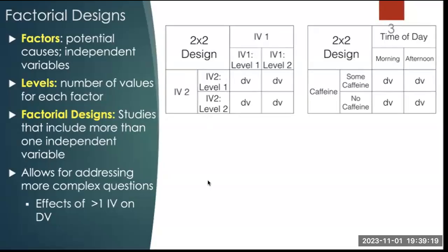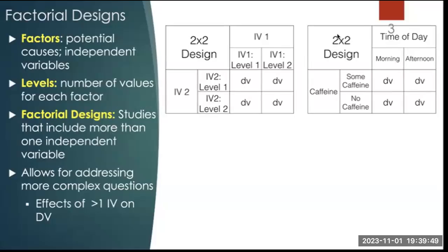We want to make sure that we're showing the intersection here, the dependent variable. How does the dependent variable value turn out when you mix IV1 level 1 and IV2 level 1? Then you're looking at what is the value when you have IV1 level 1 and IV2 level 2. So you're trying each combination, right? So the combinations, the conditions, are multiplied depending on how many factors you have.